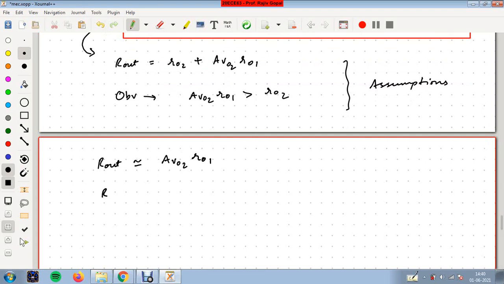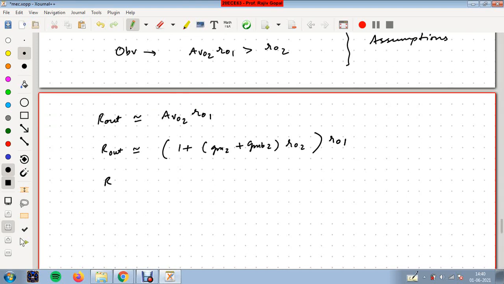Another assumption we'll make here: we write it as 1 plus GM2 plus GMB2 into R02, into R01. So R out is GM2 plus GMB2 into R02 into R01.